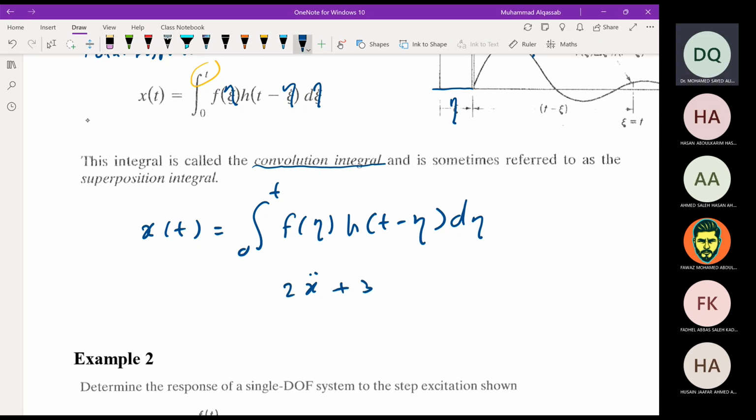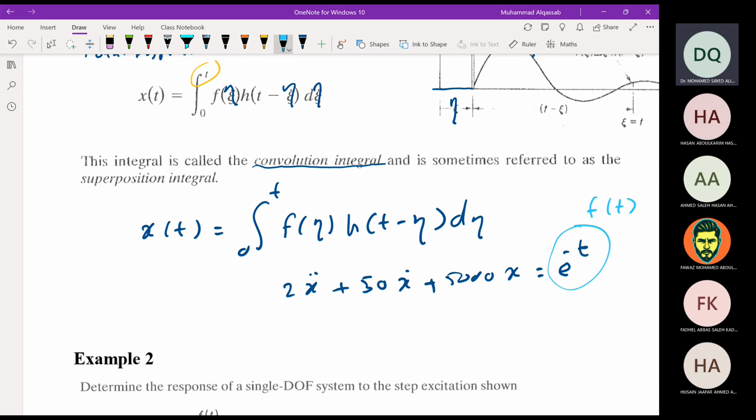2 plus say 50 x dot plus 5000 x equal to e to power minus t. So as you can see, e to the minus t is f of t. This is the force.